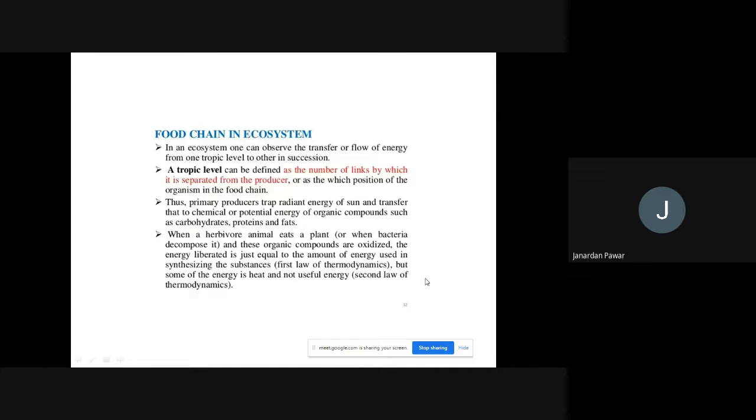As far as the role of primary producers in the food chain is concerned, they trap the radiant energy. Radiant means rays from the sun that we get.